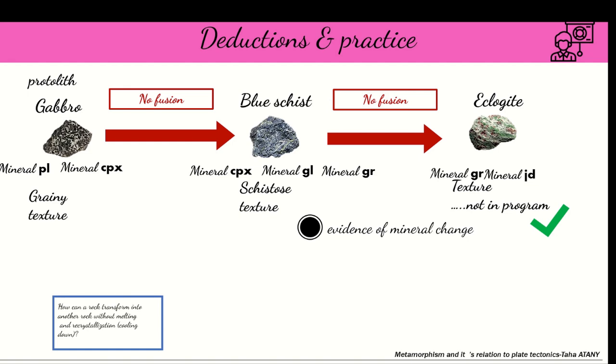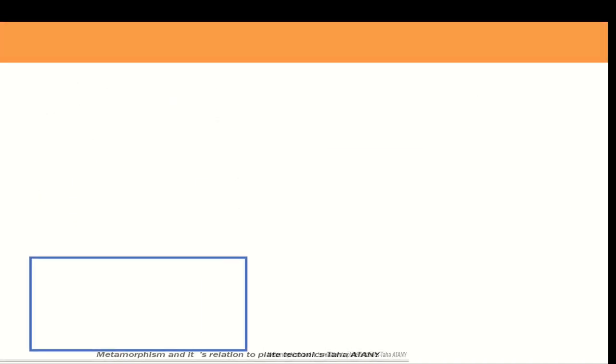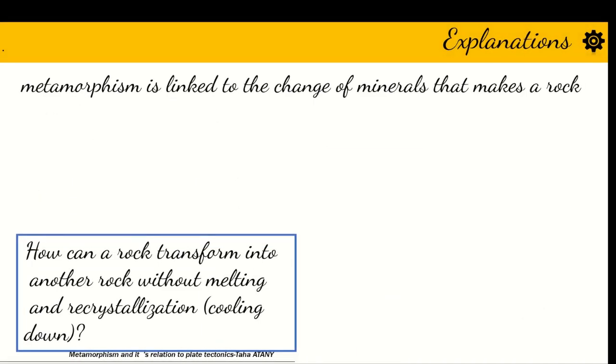Gabbro will turn to blue schist without any melting and cooling down, and blue schist will turn into eclogite without any melting and cooling down. So there is no melting, no crystallization involved. Check. Therefore, this mineral change has been done in a solid state. This means that there is metamorphism involved in their formation.